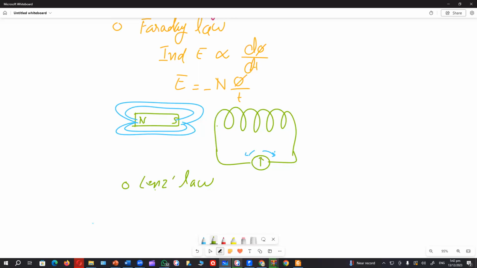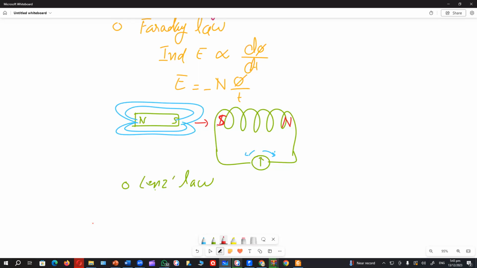How does this happen? For example, when the bar magnet approaches, the solenoid will generate a south pole here and a north pole here. If you are bringing it here, it will generate a south to repel it. So Lenz's law says that the induced EMF always opposes the source producing it.